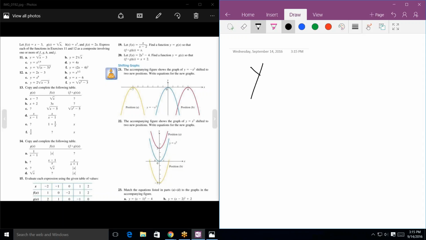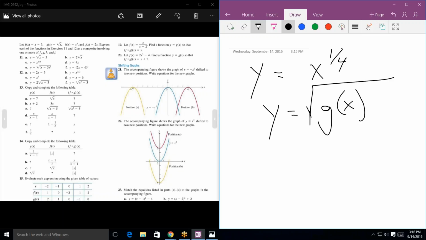Okay, let's look at C. Well, it gets a little more complicated. x to the 1/4. In other words, you kind of have to do a little bit of thinking.